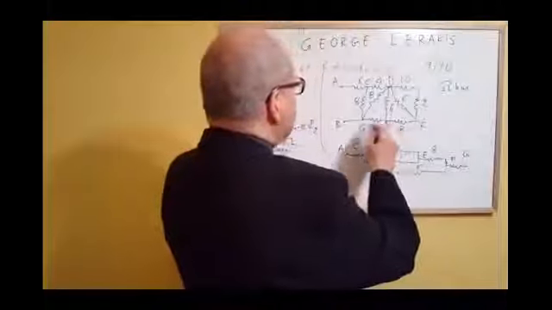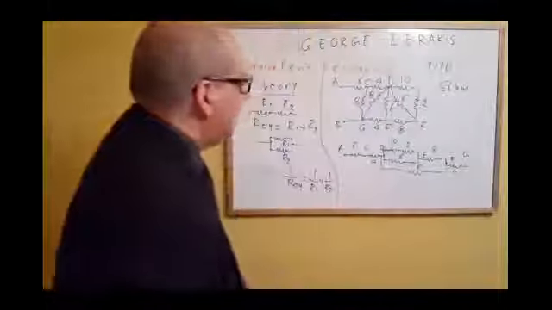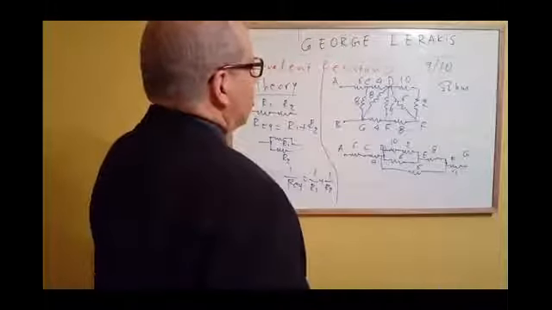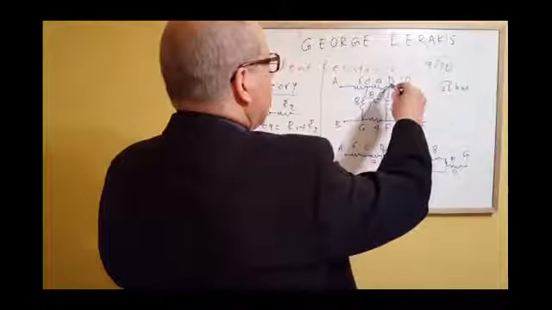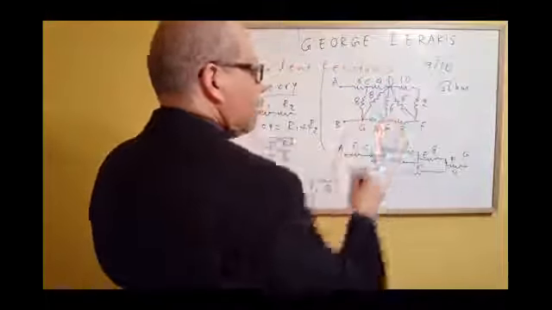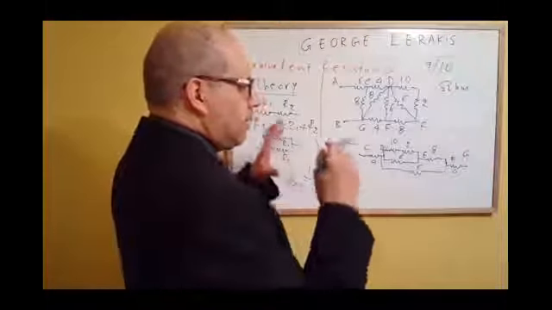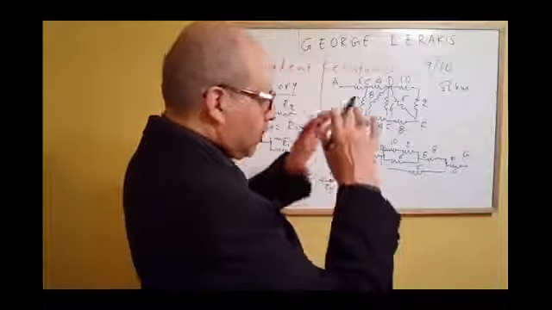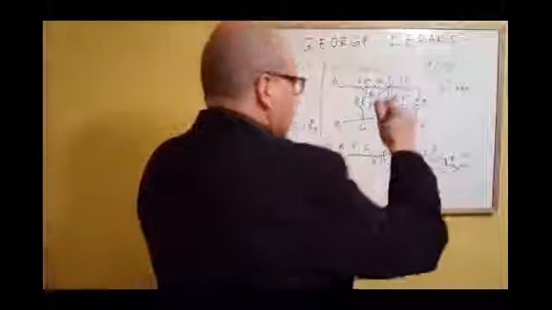We said that between F and G you have the 4 ohm resistor, and now you see that D and G, these two nodes, share a resistor or combination of resistors.